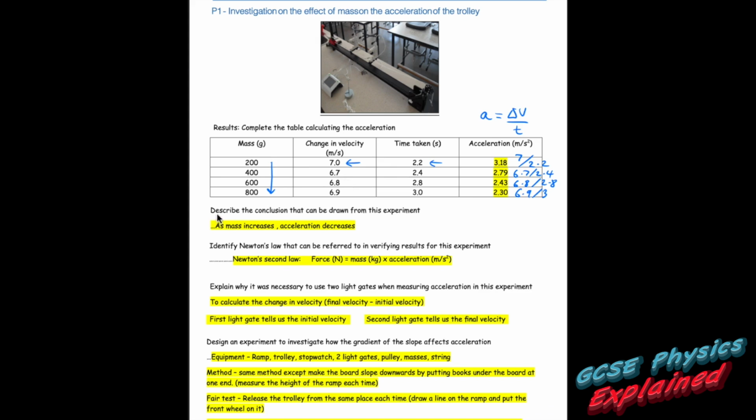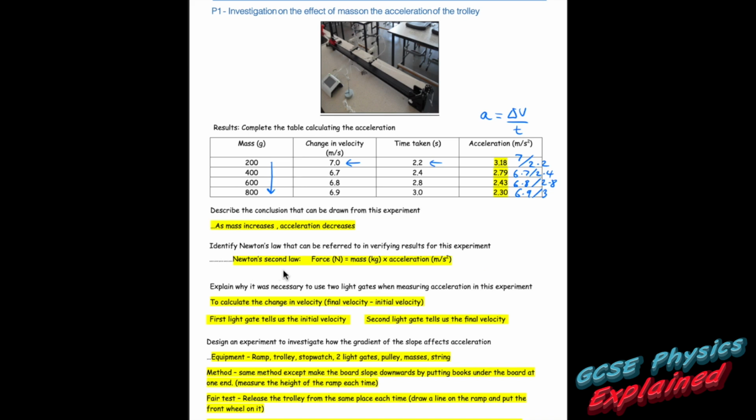And then it asks, describe the conclusion that can be drawn from this experiment. So as you can see, as the mass increases, the acceleration decreases. Identify Newton's law that can be referred to in verifying results for this experiment.